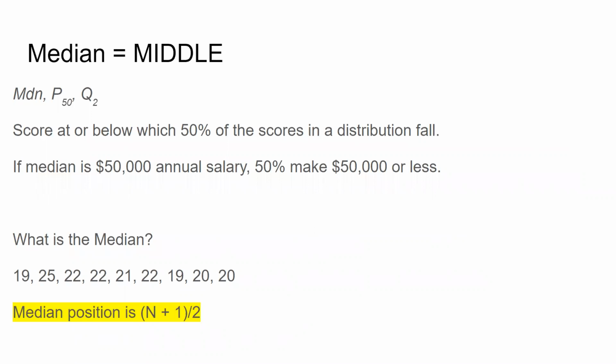Median also means that 50% of all the observations of salaries would be below 50,000, and 50% of all the salaries would be above 50,000. So that's another thing median tells us, it is considered the second quartile of scores.